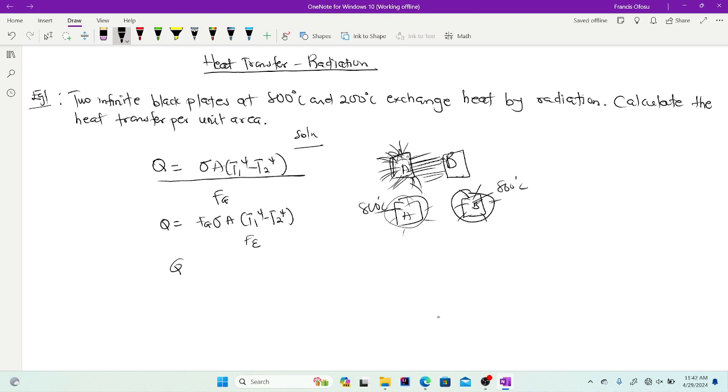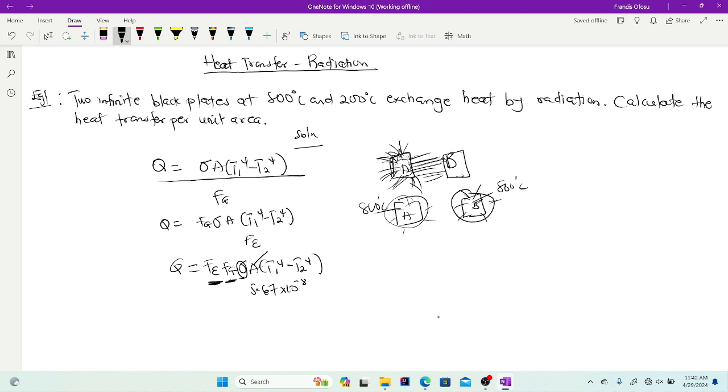So now our heat transfer rate by radiation becomes Fe multiplying Fg sigma A (T1 exponent 4 minus T2 exponent 4). Fg is our geometric factor. Our sigma here is the Stefan-Boltzmann constant, which is 5.67 times 10 to the power -8.